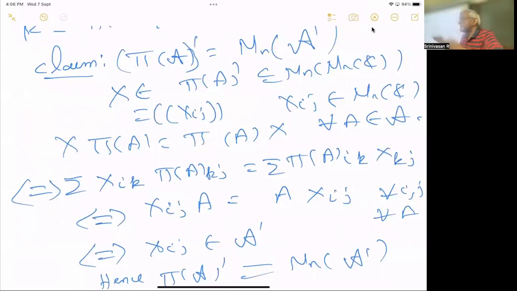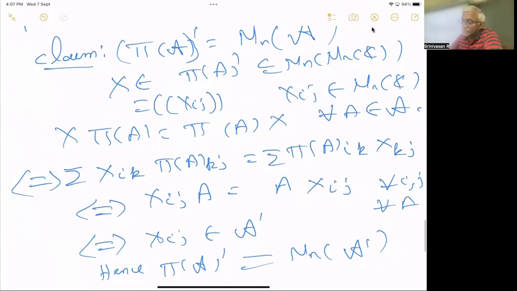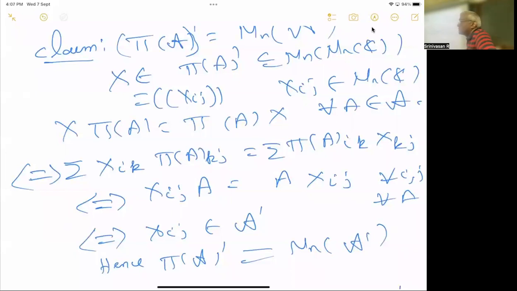This works for Hilbert space or anything. If you take a finite direct sum, it is just matrices coming from the operators on the corresponding Hilbert space. So this claim is proved: pi of A commutant is Mn of A commutant.